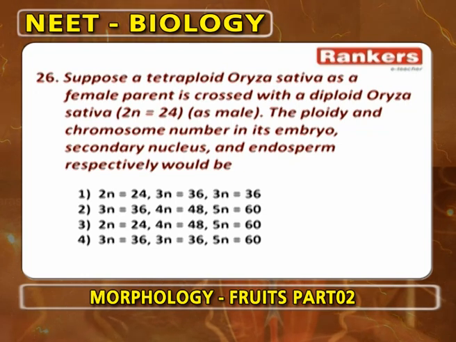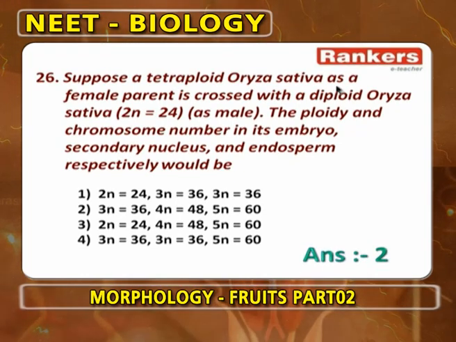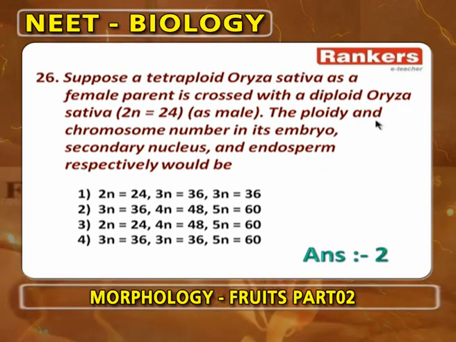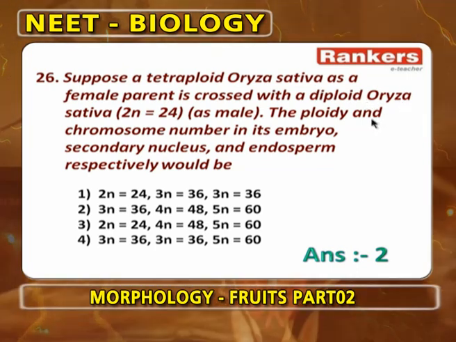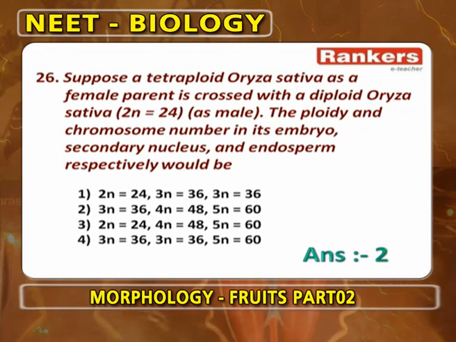Next, suppose a tetraploid Oryza plant as a female parent is crossed with diploid Oryza plant, Oryza sativa 2n = 24 as male. The ploidy and chromosomal number in its embryo, secondary nucleus and endosperm respectively: 3n = 36, 4n = 48, 5n = 60.